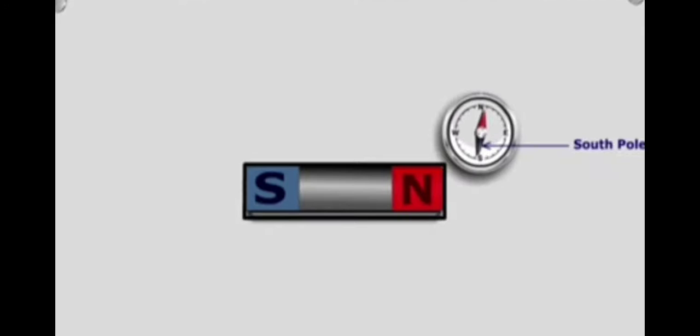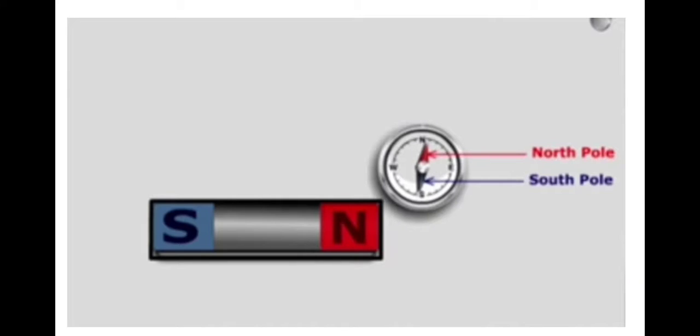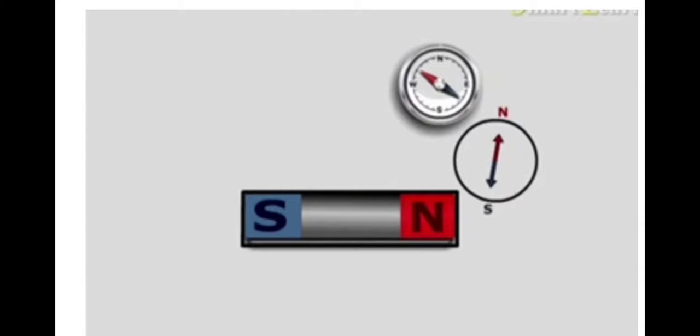The south pole of the needle points towards the north pole of the magnet, and the north pole of the compass is directed away from the north pole of the magnet. Mark the position of the two ends of the compass needle.